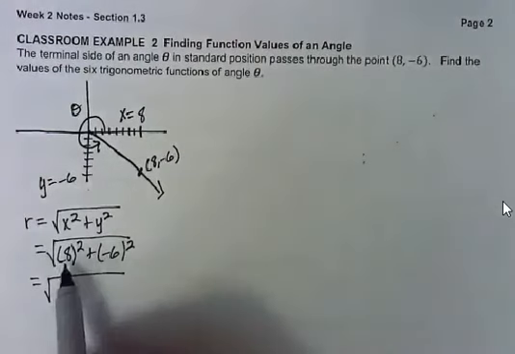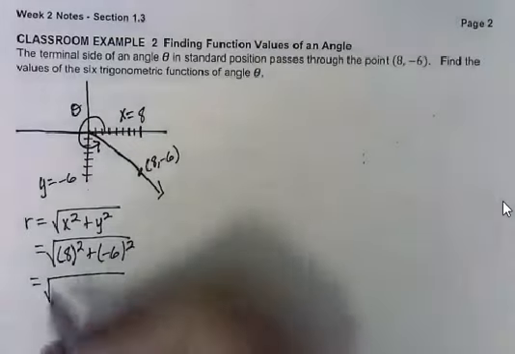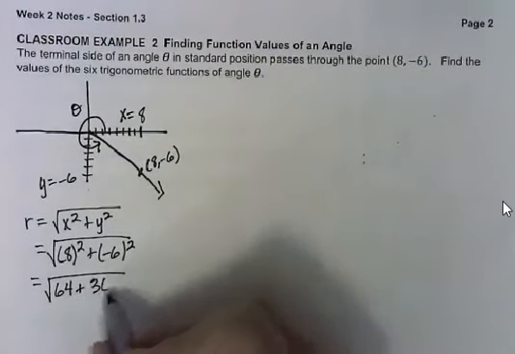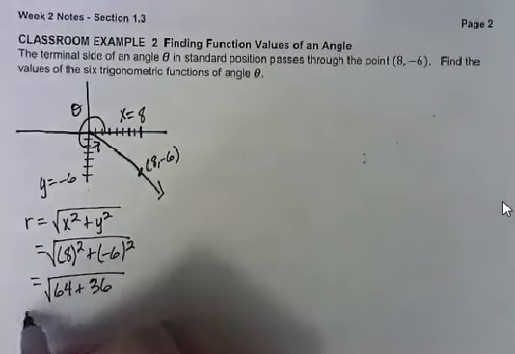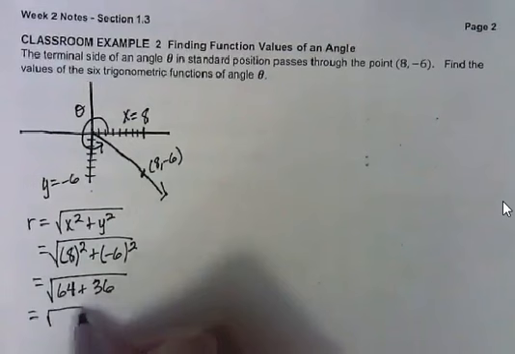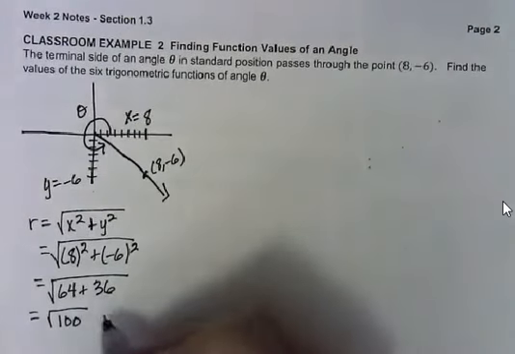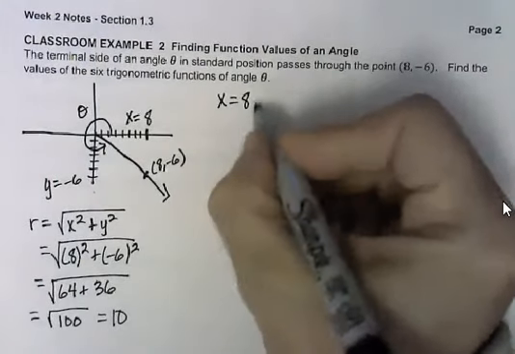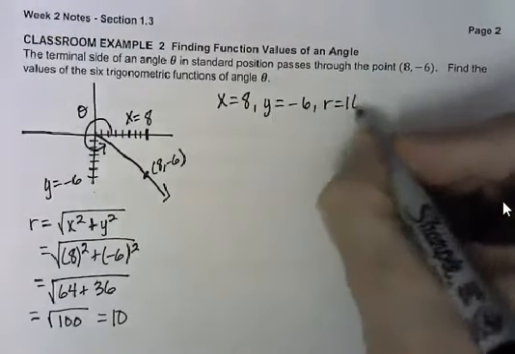And like I was saying on the last one, when we square these, we're always going to get positive numbers by squaring. So when we square negative 6, we get positive 36. That gives us the square root of 100. So that gives us an r of 10. So we have x equals 8, y equals negative 6, and r equals 10.